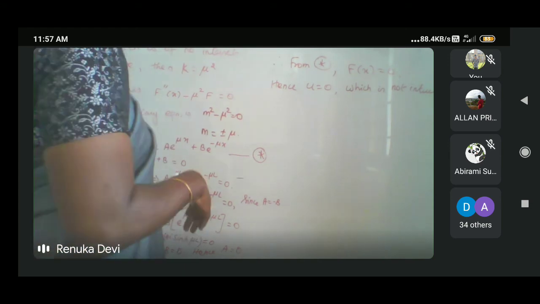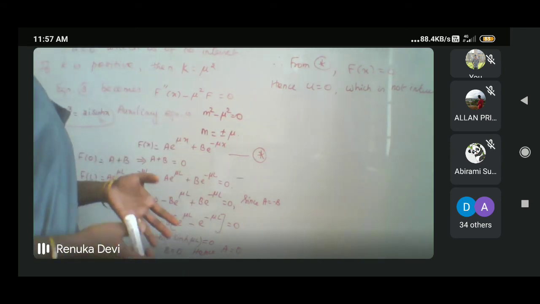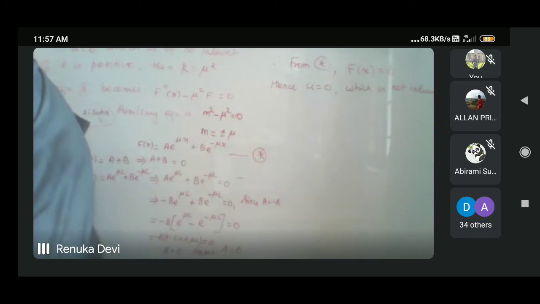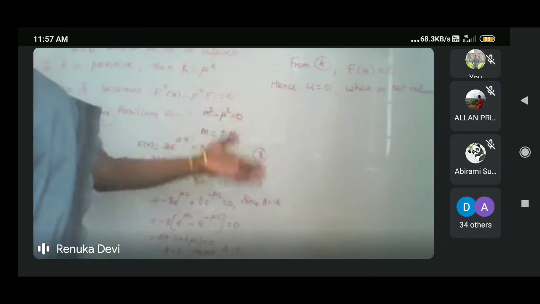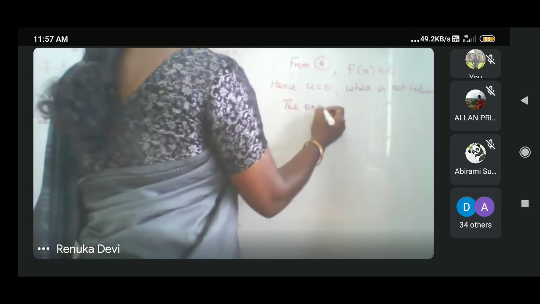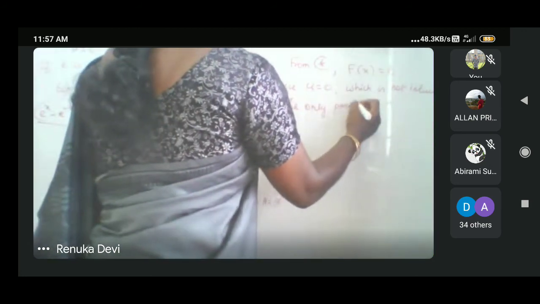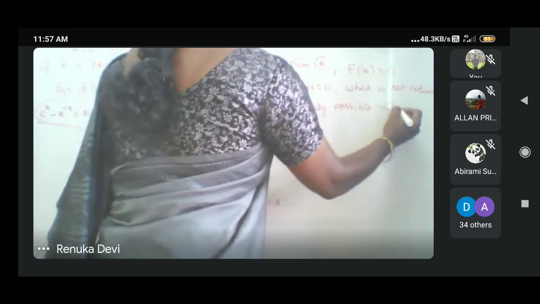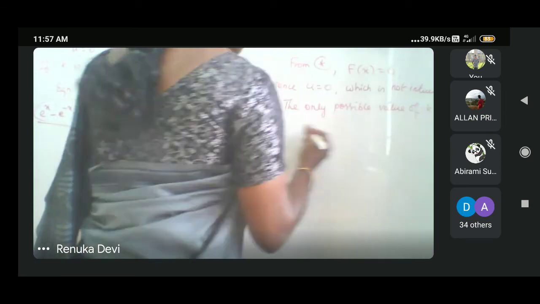Therefore, when k is 0, we arrive at u equal to 0, and when k is positive, we arrive at u equal to 0. Therefore, the only possibility is that the value of k is negative.